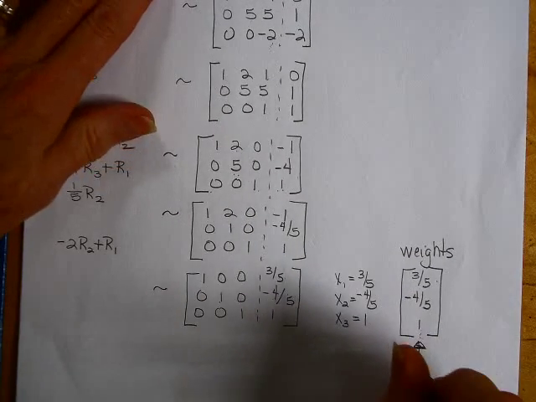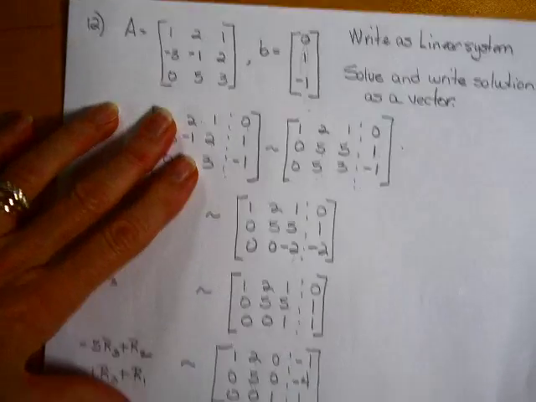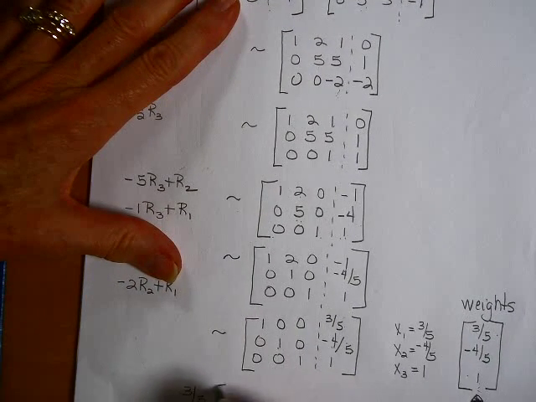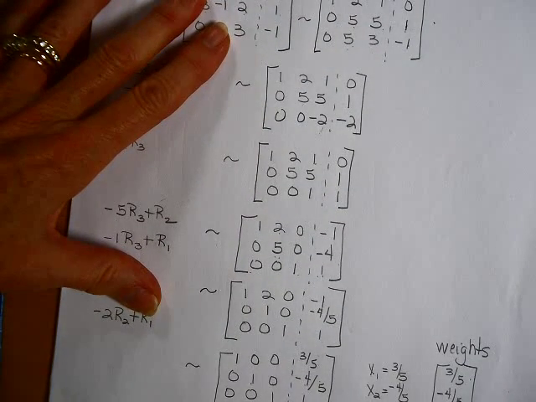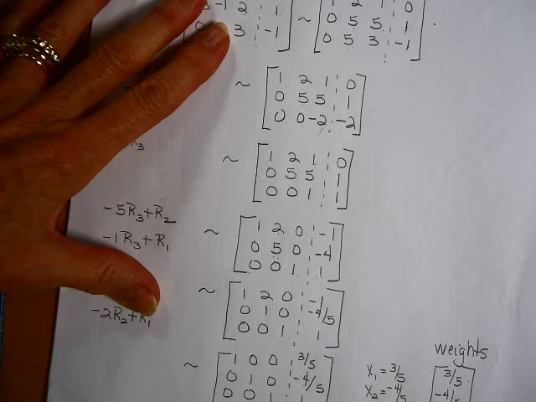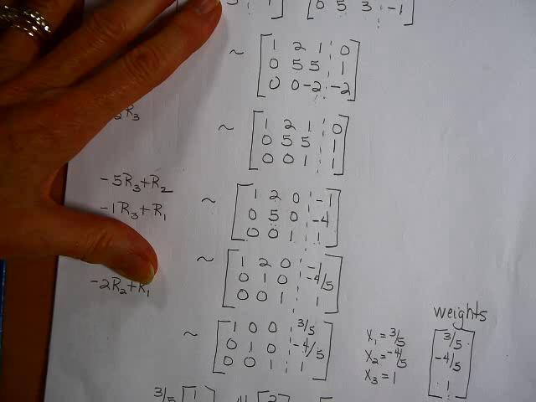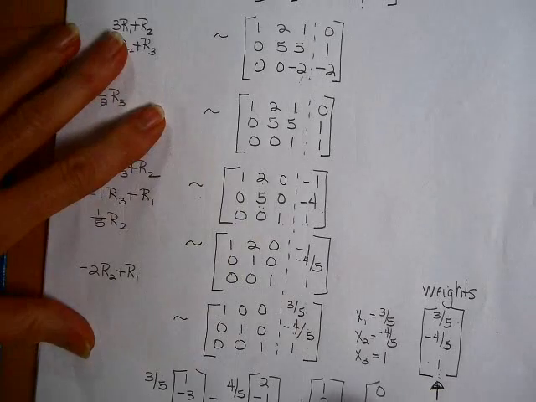So when I solve this whole thing, this told me that if I multiply 3/5 times this first column up here of A, 1, -3, 0, and if I multiply -4/5 times the second column, and if I multiply 1 times the third column, and if I add those all together, I should get 0, 1, -1.